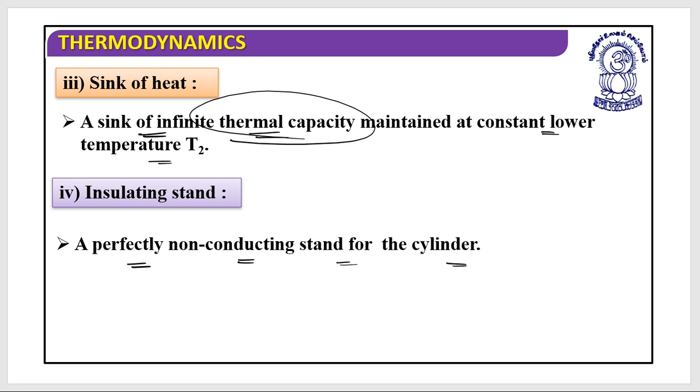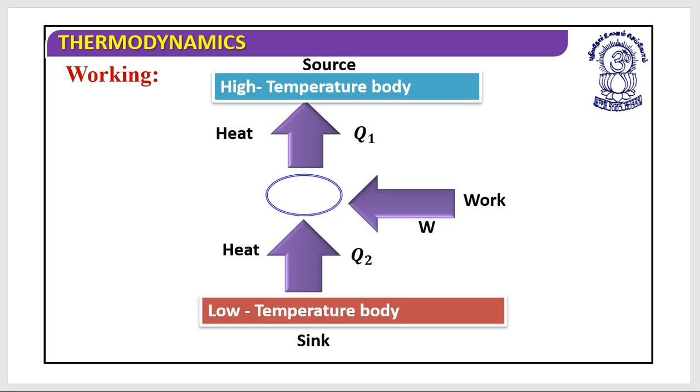Now let's go through the model of how this refrigerator works. This is the sink, at temperature T2, and this is the source, at temperature T1. This is the low temperature body, and this is the high temperature body.